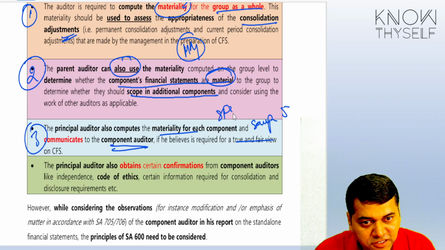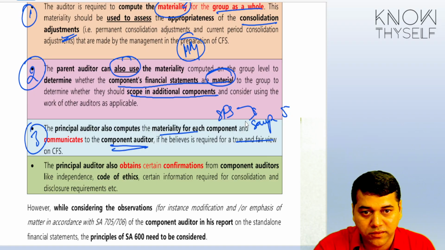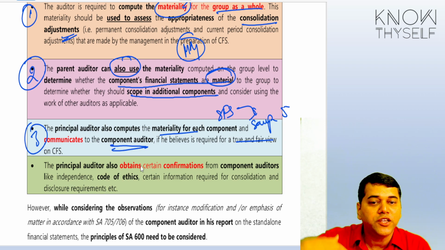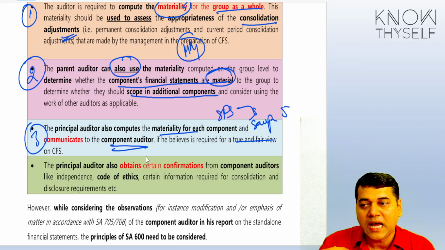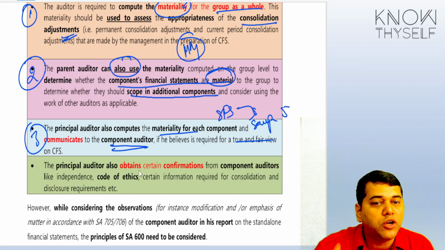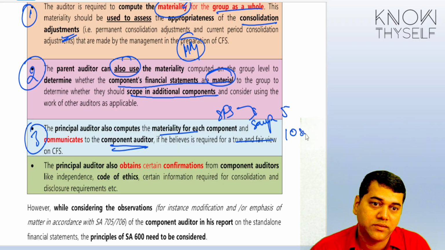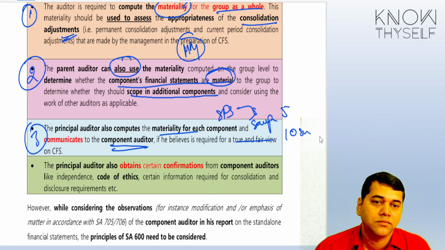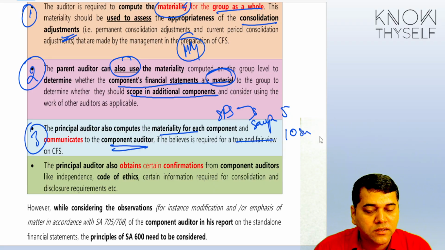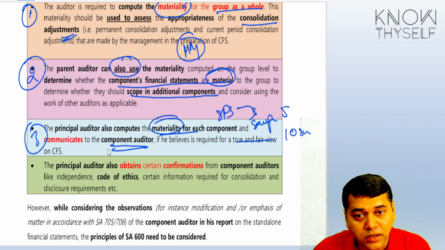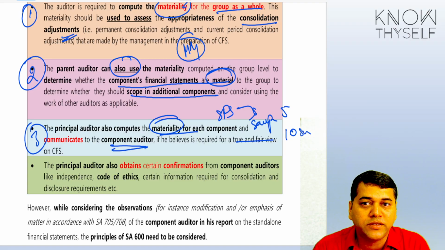From the SFS point of view, 5 samples may be okay, but considering I'm consolidating at my level and I'm going to express an opinion on the PP which you have verified, I may want, say, 10 samples for my materiality. So I should communicate my materiality for the group as a whole and how much I'm going to allocate, because that's the performance materiality.